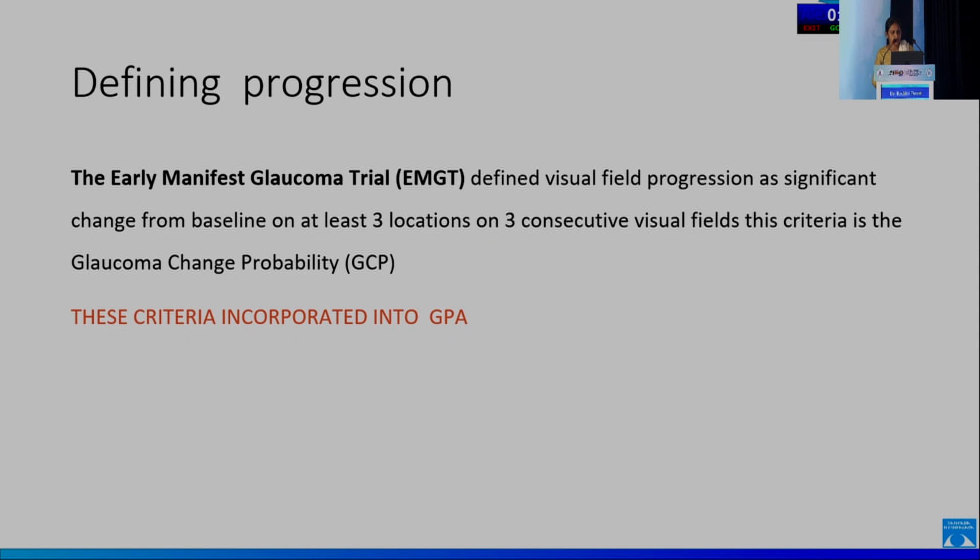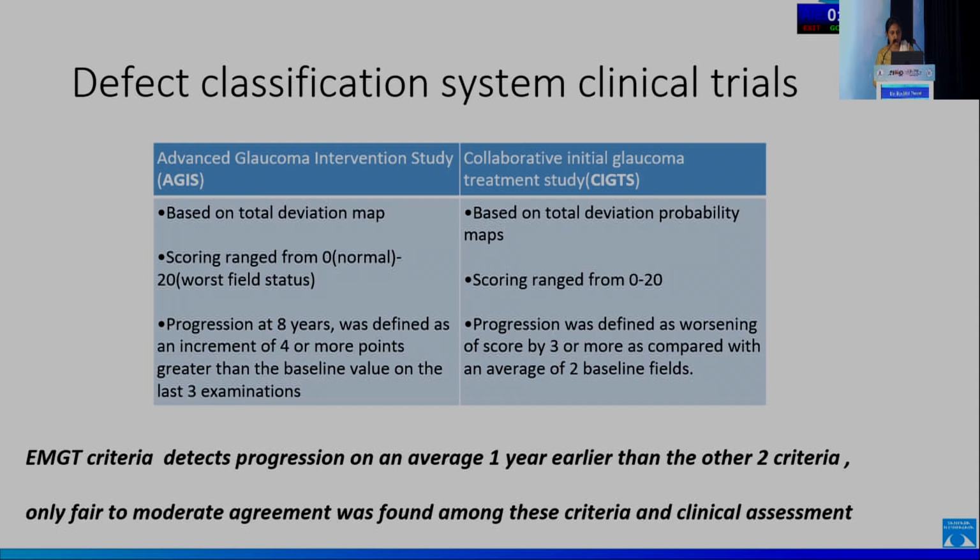So, defining progression. The Early Manifest Glaucoma Trial defined visual field progression as significant change from baseline at at least 3 locations on 3 consecutive visual fields. This criterion is a glaucoma change probability, and it has been incorporated into the GPA.